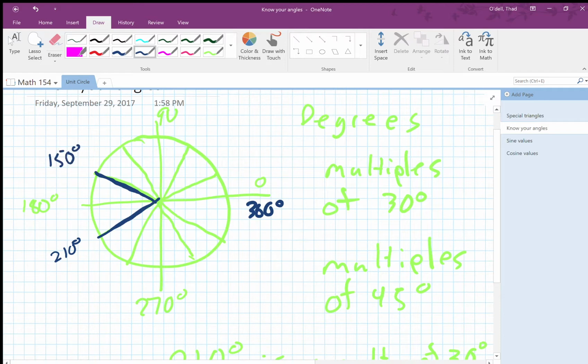So the initial side of the angle is on the positive x-axis, and the terminal side is this blue line that I just drew.